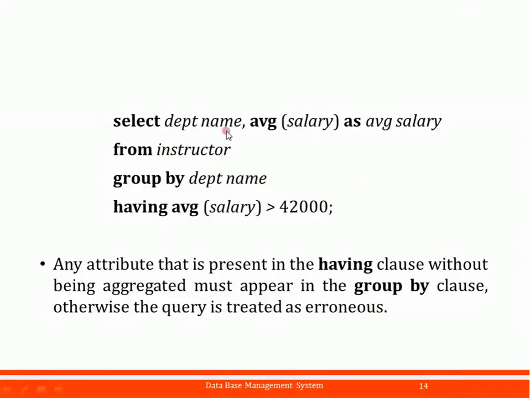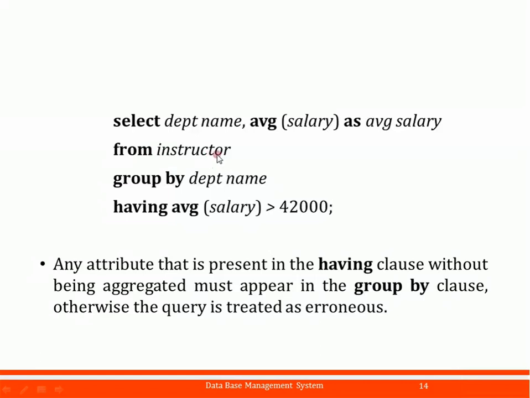Select department name, average of salary as average salary. So in the output you will get department name as one column and average salary as another column, where the average salary is calculated using the average of salary aggregate function. This is from the instructor relation. It takes only the tuples from the instructor relation.